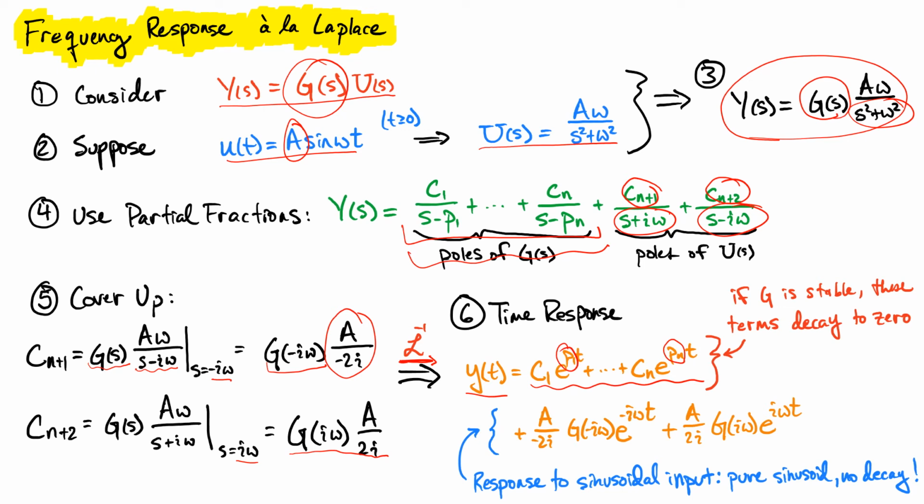They don't all have to be real, they could have complex parts, but overall the real parts are all negative, and so all these exponentials decay away to 0. So what we're left with is just this bit, and this bit is exactly a sinusoidal output, and we'll reformulate it in the next slide to make that a little more clear.